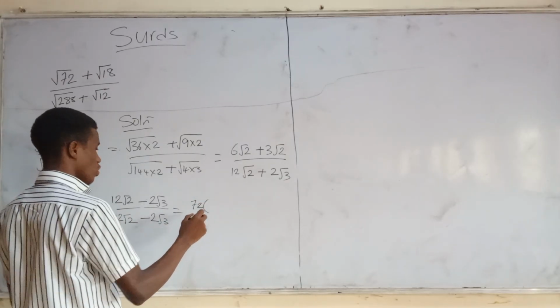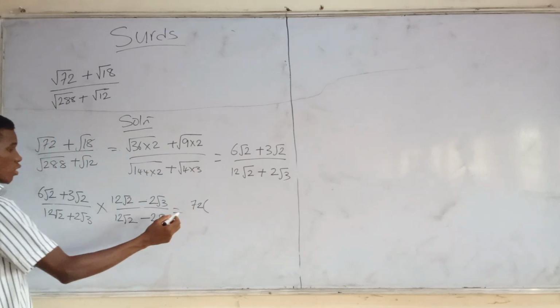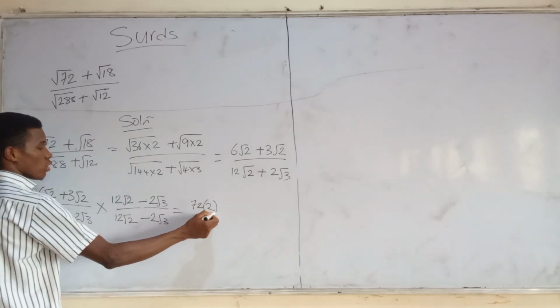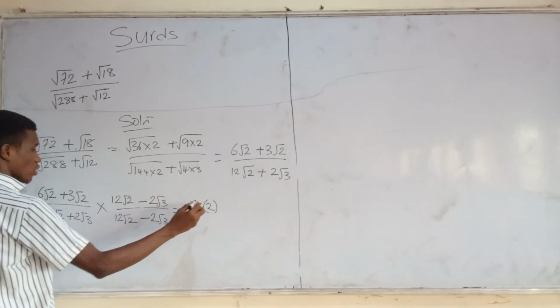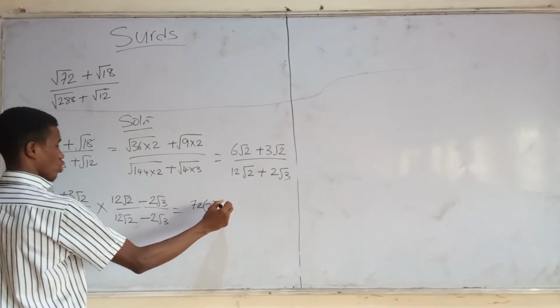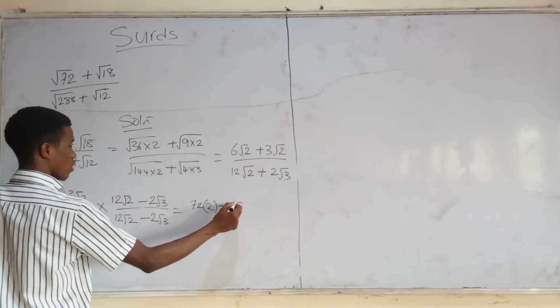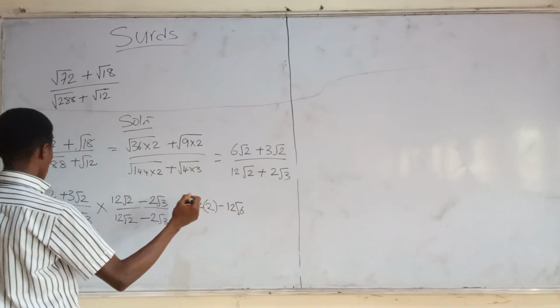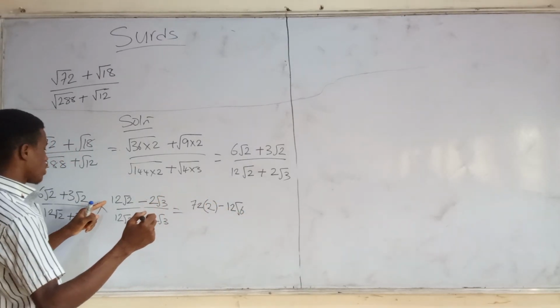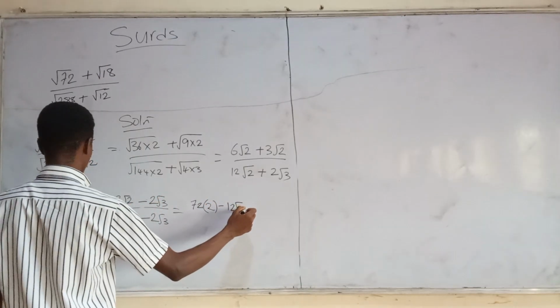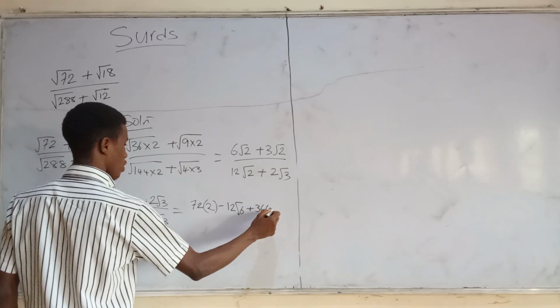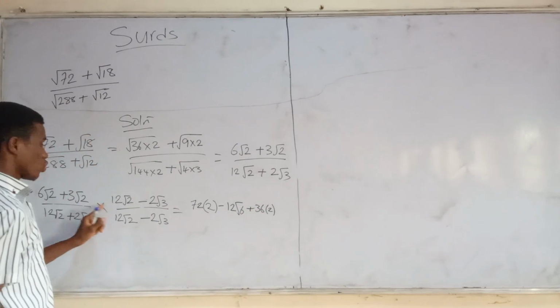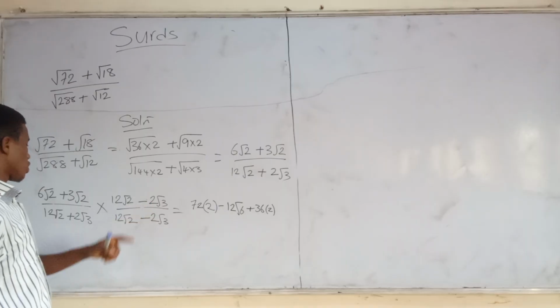Root 2 times 2 is what? 6 root 2 times 2 root 3 is what? Minus 12 root 6, right? 3 root 2 times 12 root 2 is what? 36 times 2, right? 3 root 2 times 2 root 3 is what?